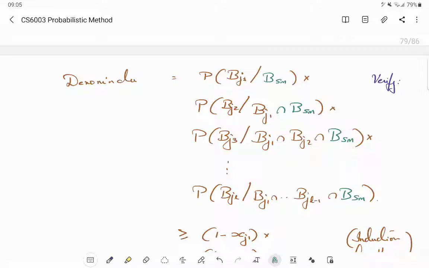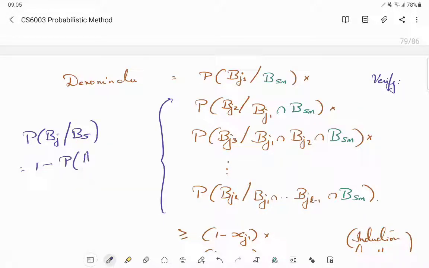Okay, now here we are going to use our induction hypothesis. Remember, all these events are of the form p of aj given some bs, which is equal to 1 minus p of aj given bs, and this by the induction hypothesis is at most xj.